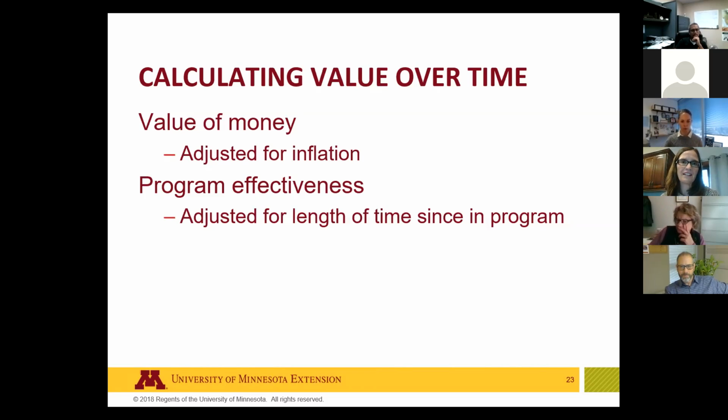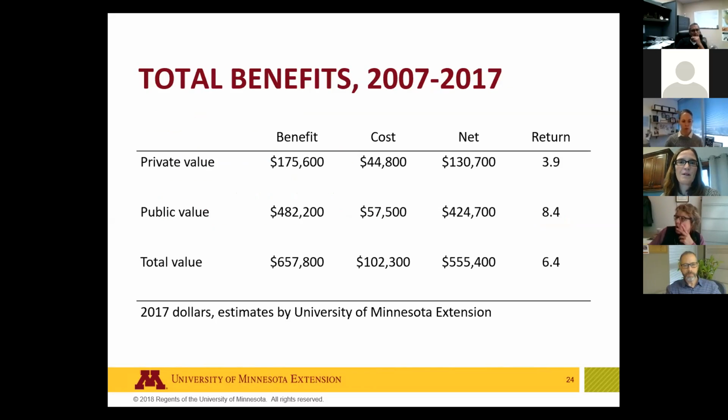So we know that in leadership programs, if you go out and look at the research, what you'll find is that at a certain point, those new skills that were developed become incorporated and just become part of your skill set. And so eventually the effectiveness tapers off over time, if you will. And some of the research that we were looking at said that has about a 10-year effectiveness level.